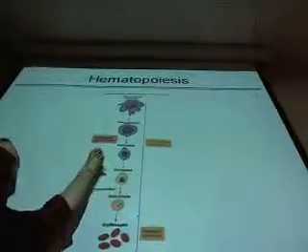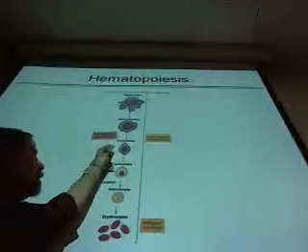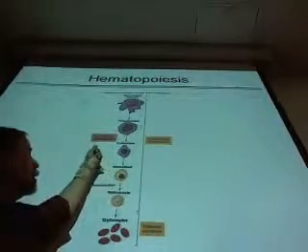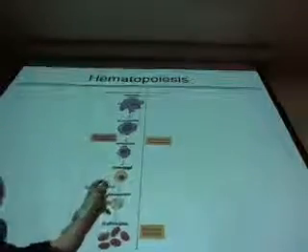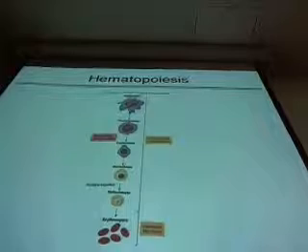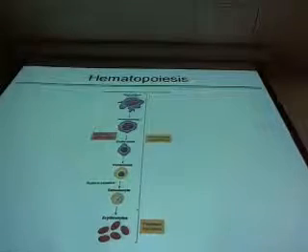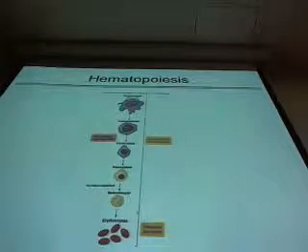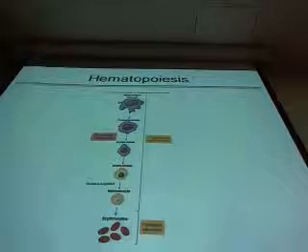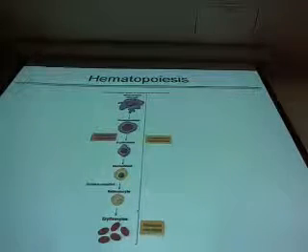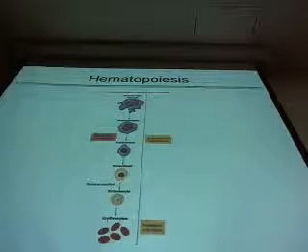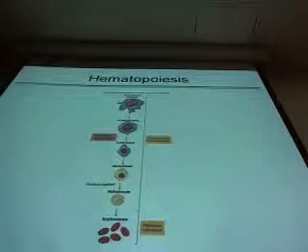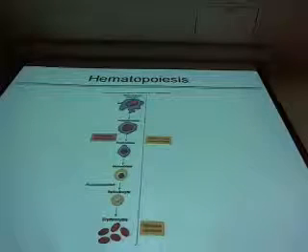When you get your erythropoietin released, it stimulates the transformation from those to erythroblasts to a normal blast. A normal blast is what we would call a nucleated red blood cell. You will occasionally see those in the peripheral blood, mainly if somebody has been bleeding and the bone marrow is just kicking out whatever red cells it's got.